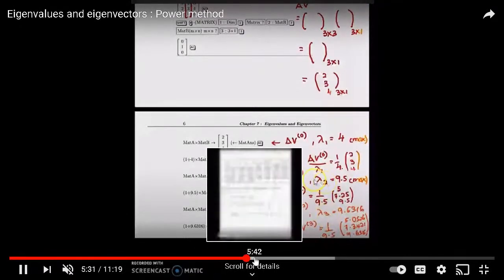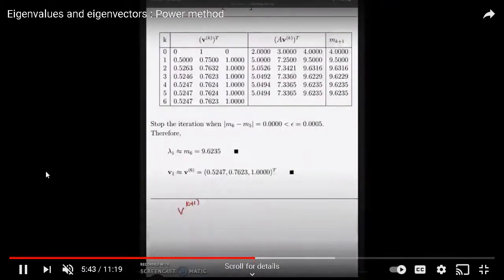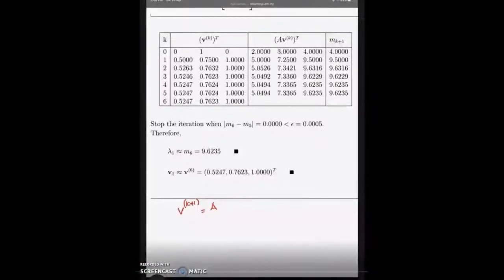Then continue this process and develop the table. Why? Because this table will help you to control the iteration. The iteration is controlled by the table, because M6 minus M5 is less than epsilon. What is M? It is an eigenvalue. How to get M?